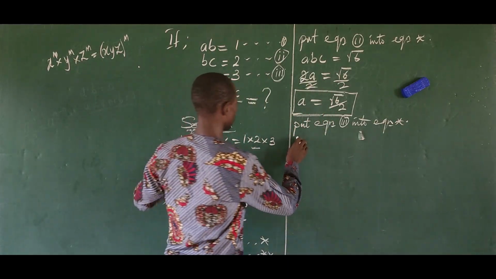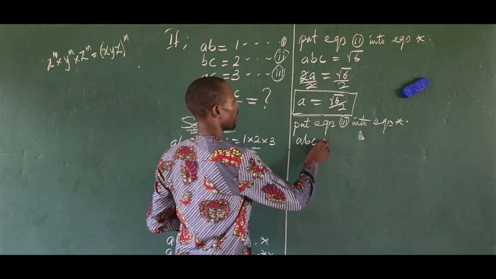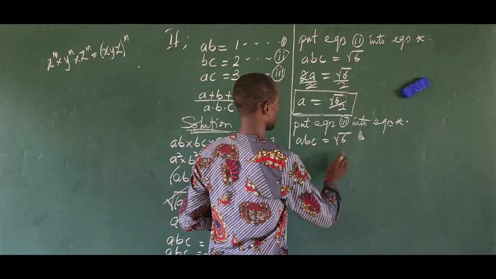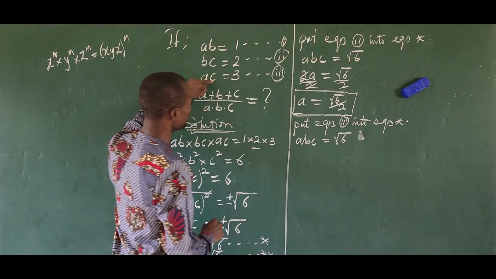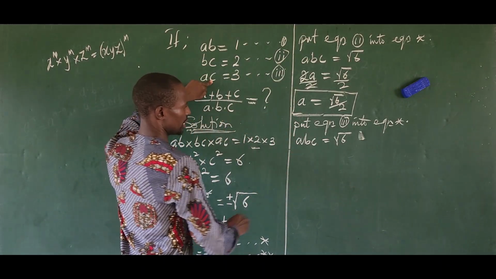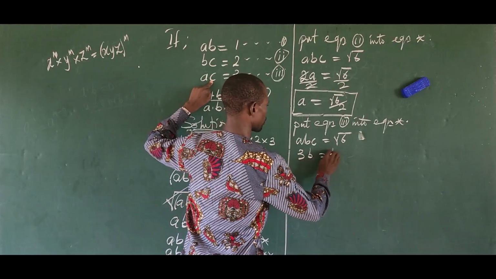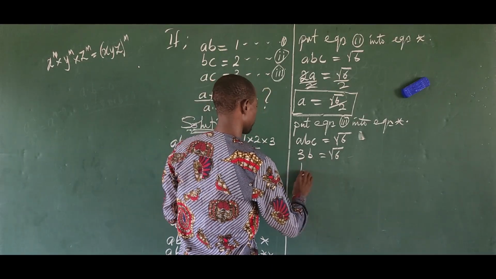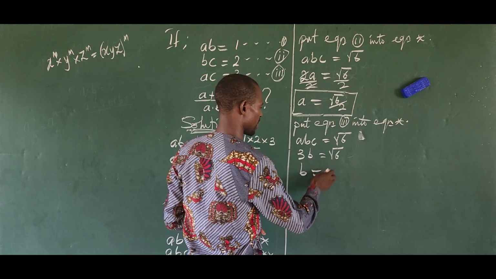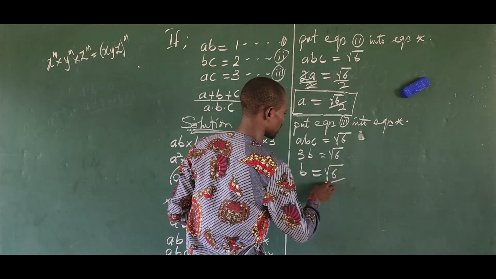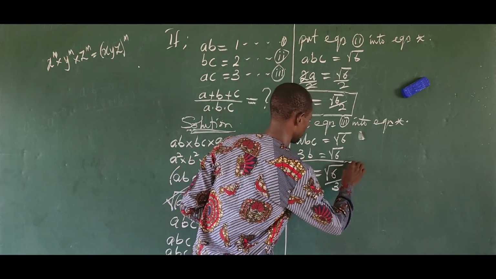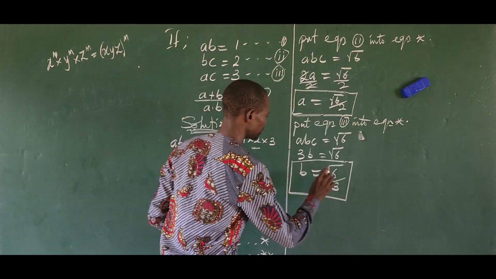If we do that, we're going to have our equation star is equal to the square root of 6. So AC for equation 3 is 3. So we're going to have 3 times B is equal to the square root of 6. So we have B is equal to, when we divide by 3, the square root of 6 all over 3. So we've gotten our B.